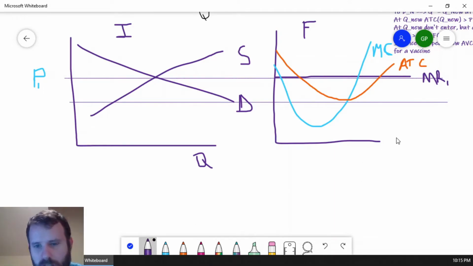Okay. Your optimal quantity will be, I'm going to call this Q0 star. Okay. And this is your, let's keep doing purple.